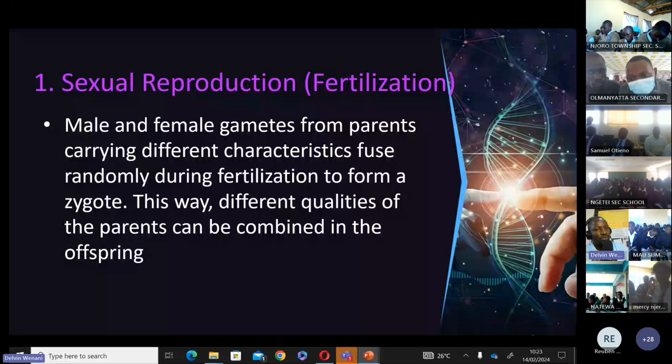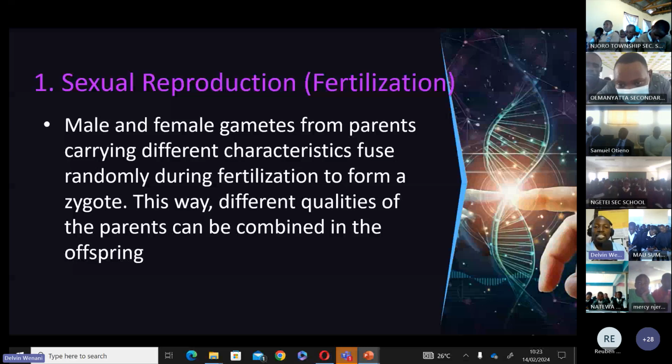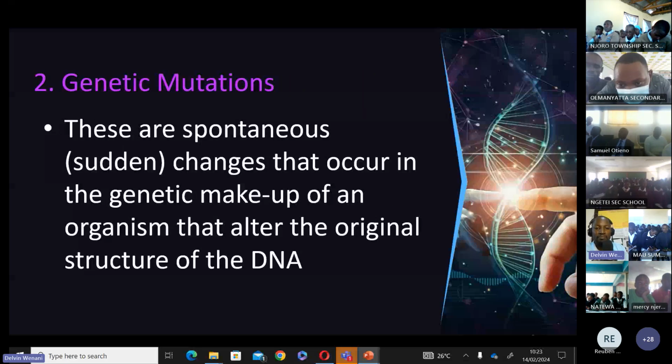Number two is genetic mutations. When you hear the word mutations, this simply means sudden changes that occur in the genetic makeup of an organism.